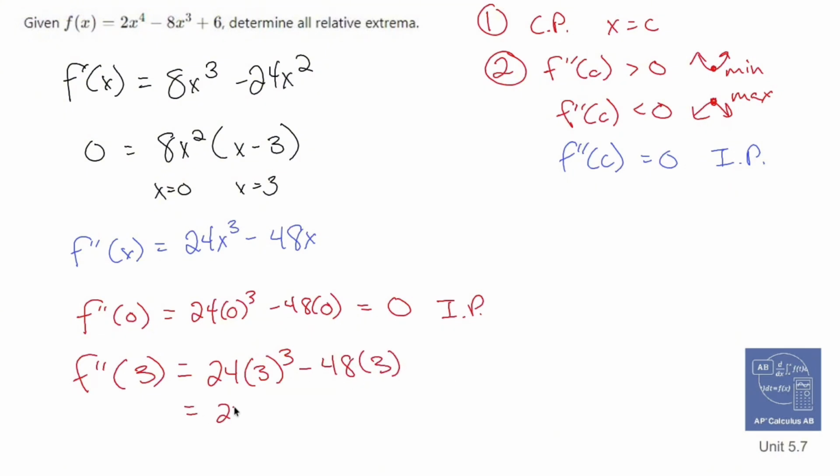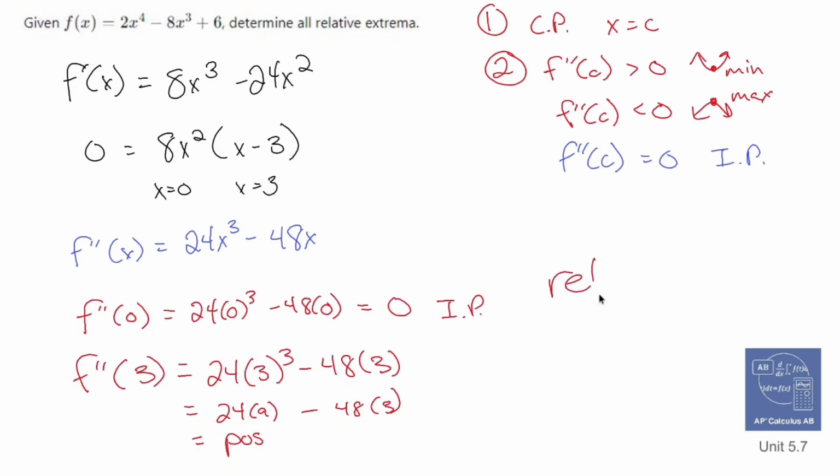That's going to be 24 times 9 minus 48 times 3, which is going to be, I don't know, 200 something minus like 100 something. So based off of that information, I'm just going to say it's positive because it is. So f double prime of 3 being positive tells us that we have a relative minimum at 3.